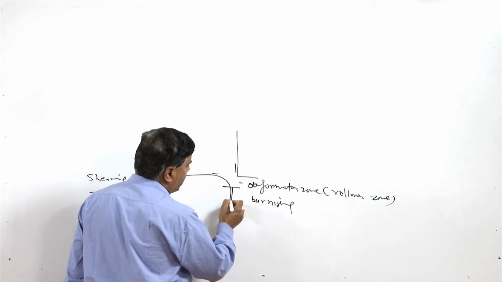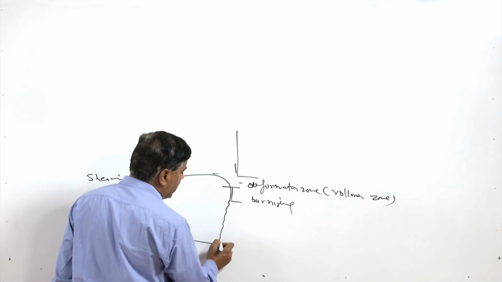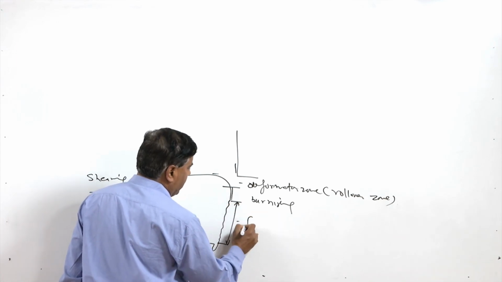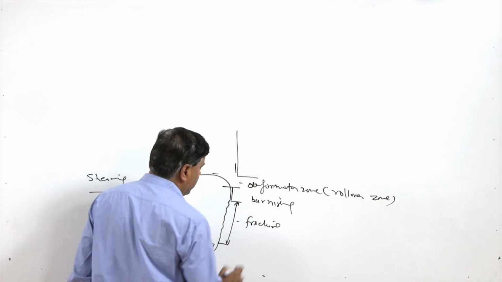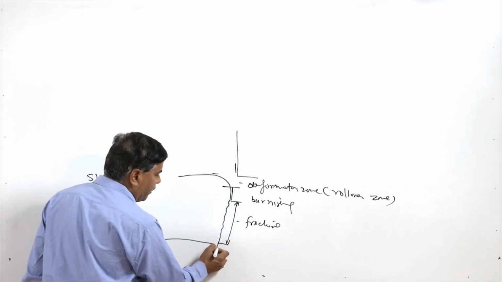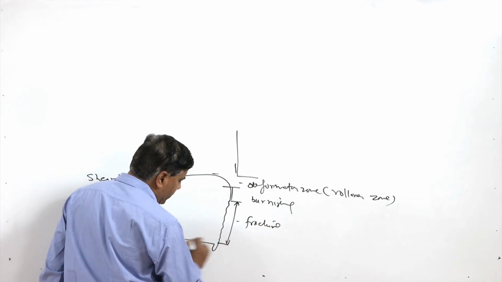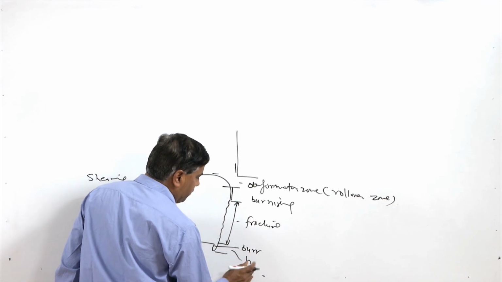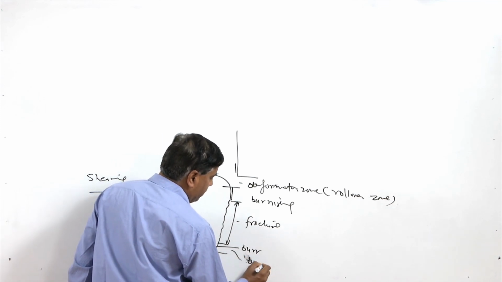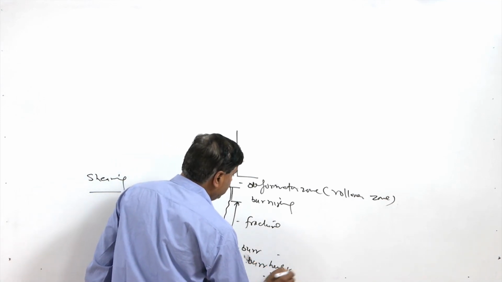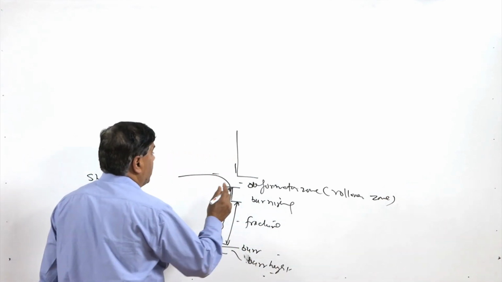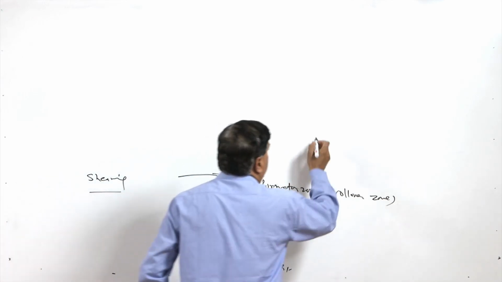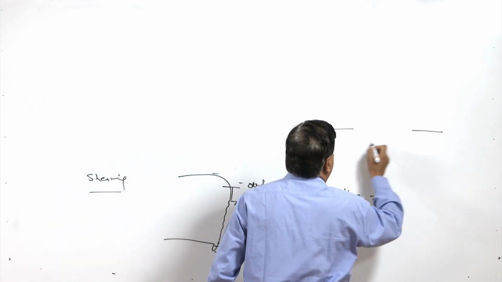Then when the cracks start propagating from both sides, they result in the fracture surface. So, this region will be experiencing the fracture, and due to the deformation of the material beyond the lower edge, a burr is formed. This is called the burr height. So, these are the 4 regions which are formed in the cut strip, especially when the strip is placed in free conditions between the die and punch.